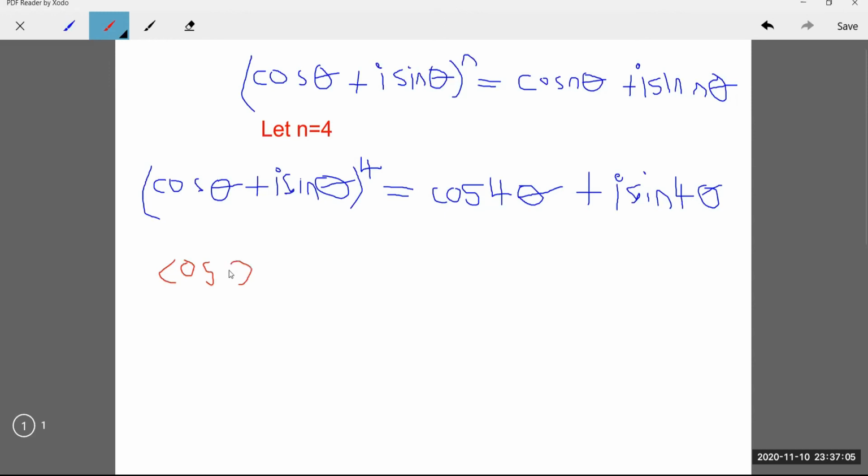So it's best to know Pascal's triangle, which tells you that it's first term to the 4th, plus 4 times the cube of the first term times the second term.